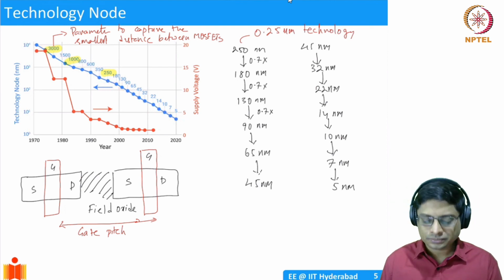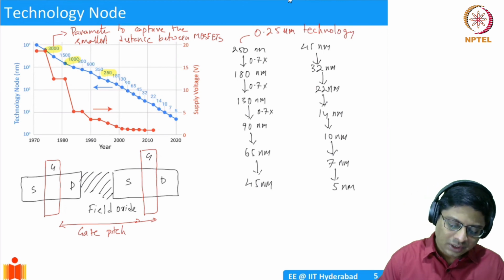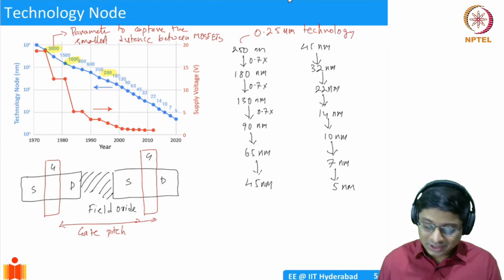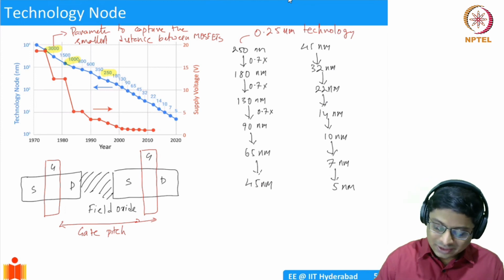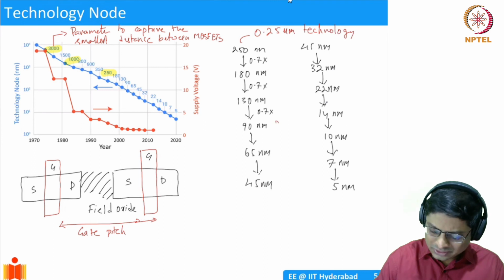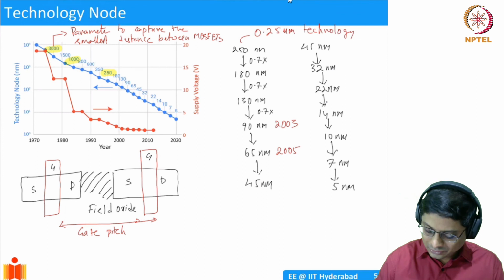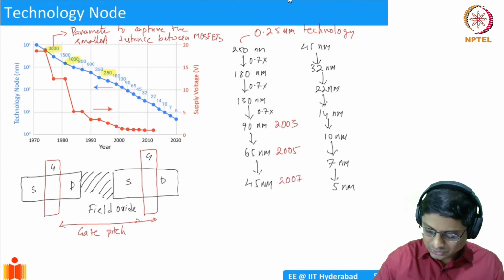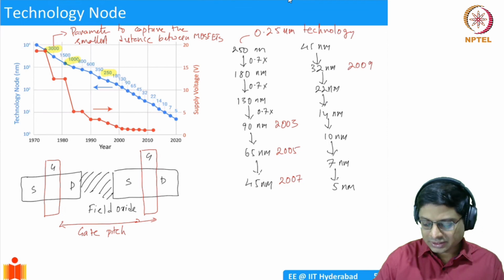Okay. And this 250 nanometers was somewhere in 95. The ones I remember or have encountered personally were 90, which was introduced maybe in 2003, 65 in 2005, then 45 in 2007, then 32 in 2009, and 22 in 2012.